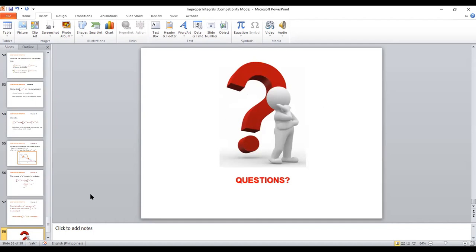Any question here? Do you understand the improper integral already? So whenever you see a definite integral, please always check whether it's type 2 or not. Type 1, you will know right away. But type 2, that's where the common mistake is.